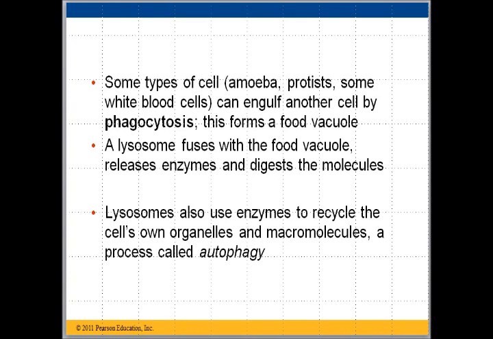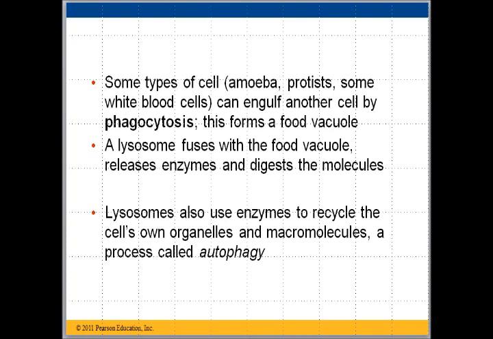Lysosomes can also be used to recycle parts, like I mentioned. So let's say you have a mitochondria that wears out through continual use. Parts wear out in the cell in biology just like they do in mechanical systems. Well, you may have a lysosome that surrounds that mitochondria.